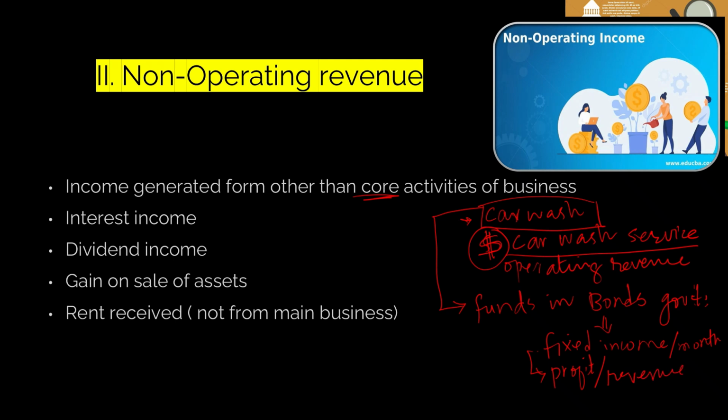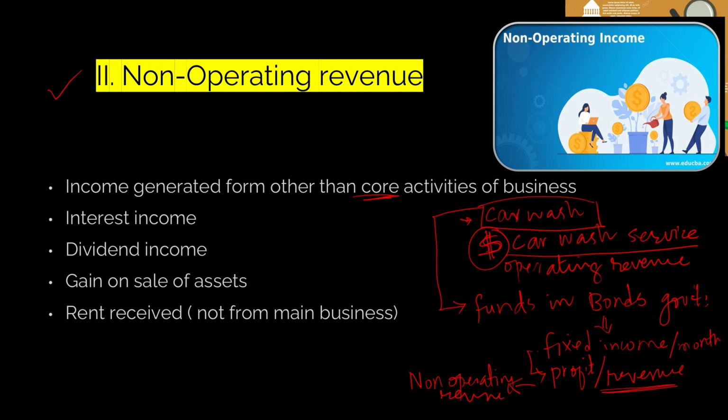But the point to consider here is that this revenue is not the operating revenue, but rather it is the non-operating revenue, because it is income generated from a source other than the business.